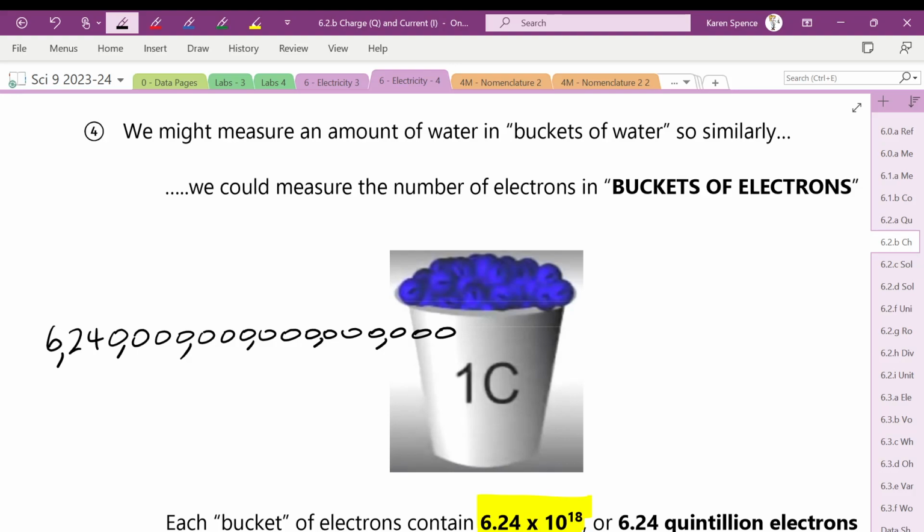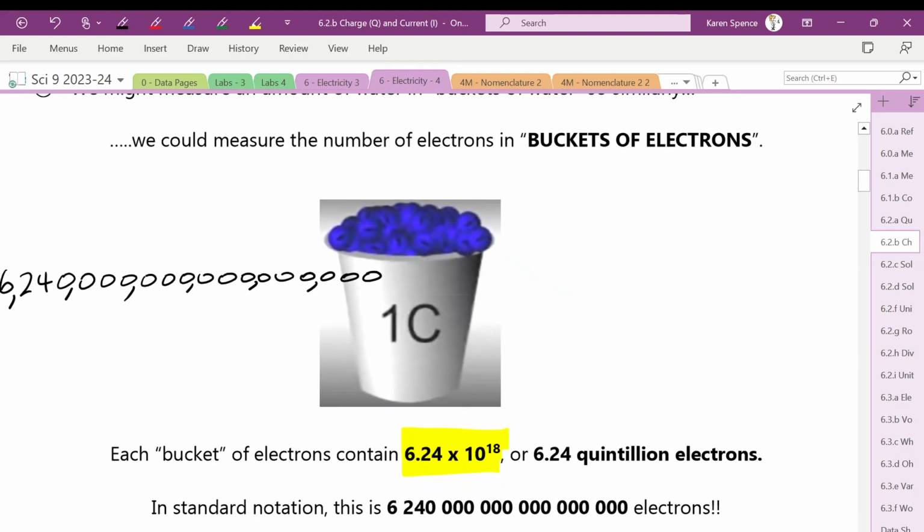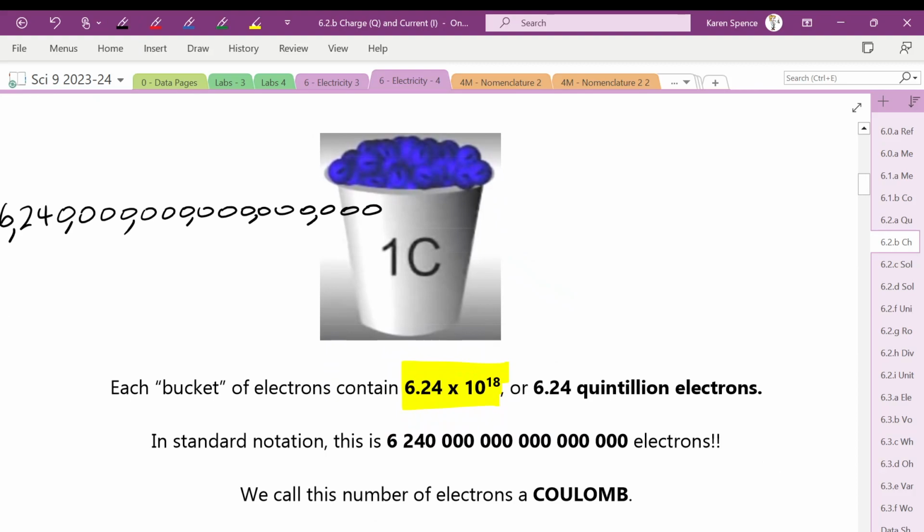But we're not going to call it a bucket because that doesn't sound very scientific. We are going to call this number a coulomb. So the last part of the word is like comb, except it's loam.